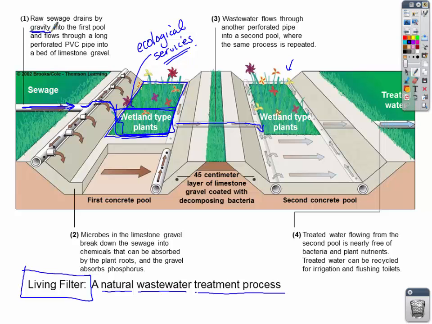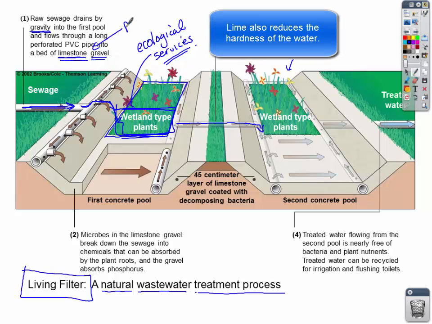We're using gravity so that water flows through these perforated PVC pipes and into a bed of limestone gravel. If you remember in our treatment process, lime was used to buffer the pH. So the same thing here. So the limestone gravel in this constructed wetland is going to buffer the pH of the wastewater.